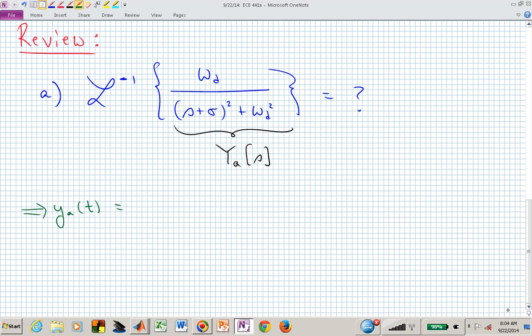Did you see the pole locations in this transfer function? Is it clear where your poles are located? If you now needed to set the denominator equal to 0 and evaluate for values of s, where are your poles?